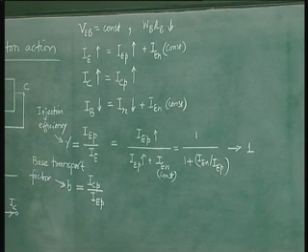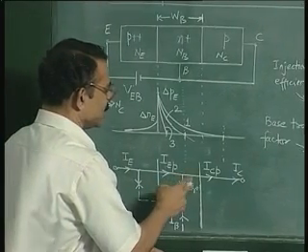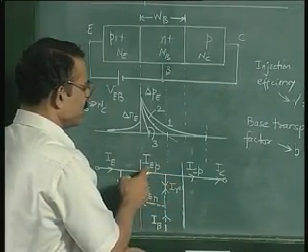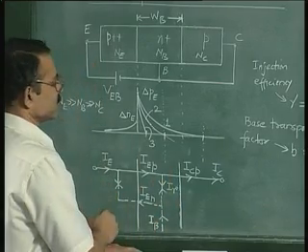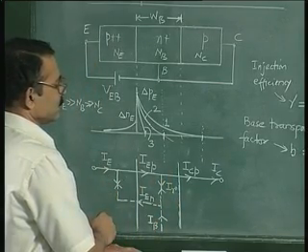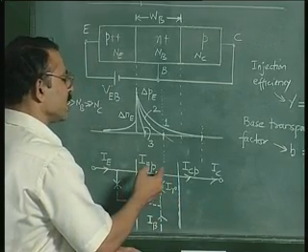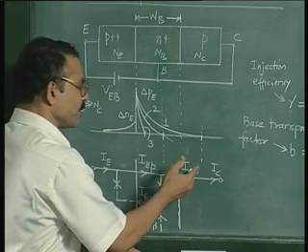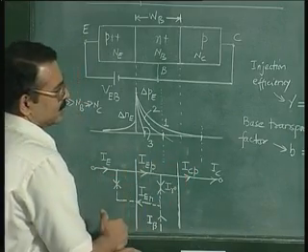It is called base transport factor because it represents what fraction of the current recombines when the holes are transported across the base, or what fraction of the current is still retained even after transport across the base.